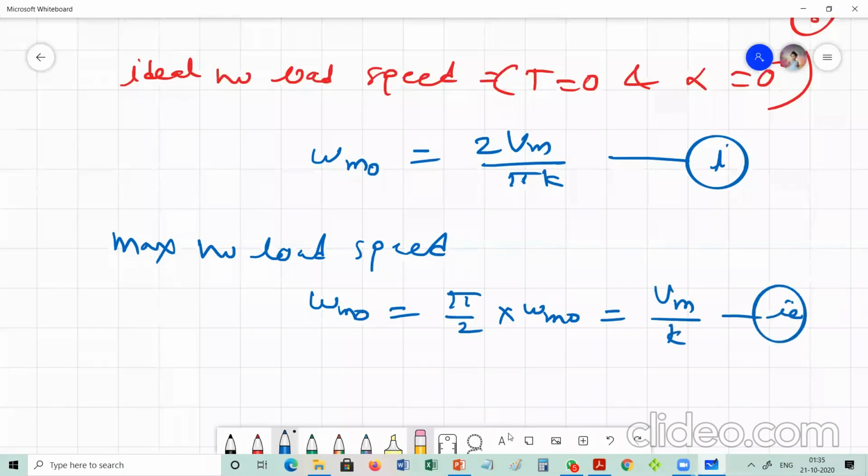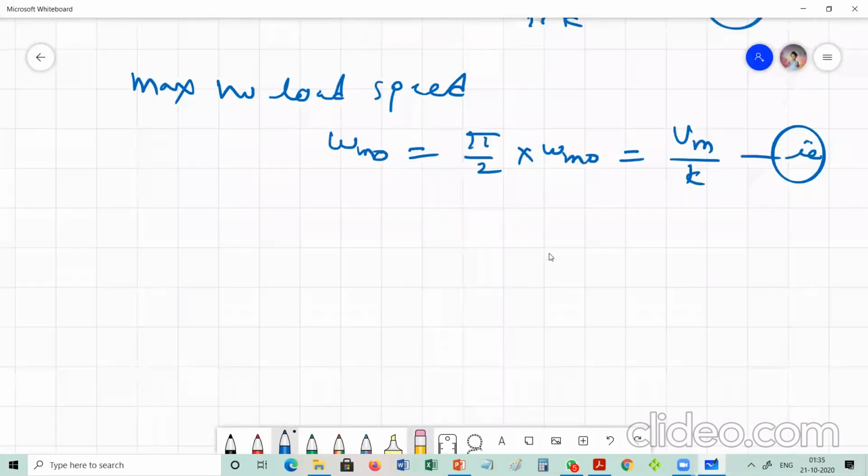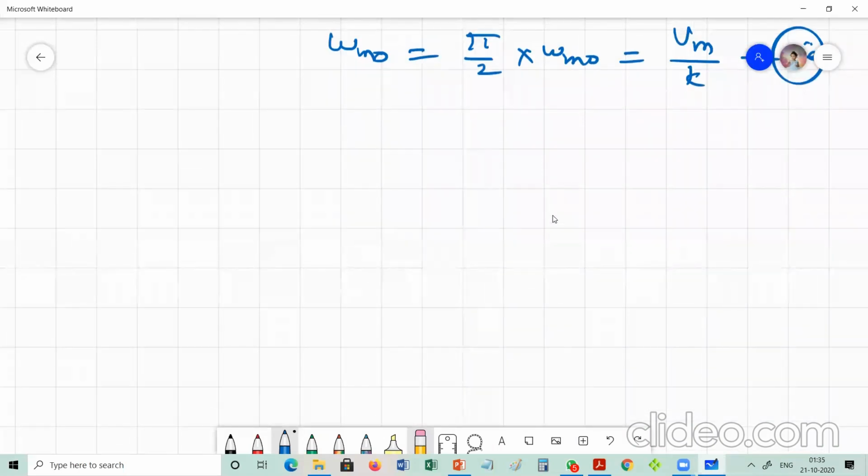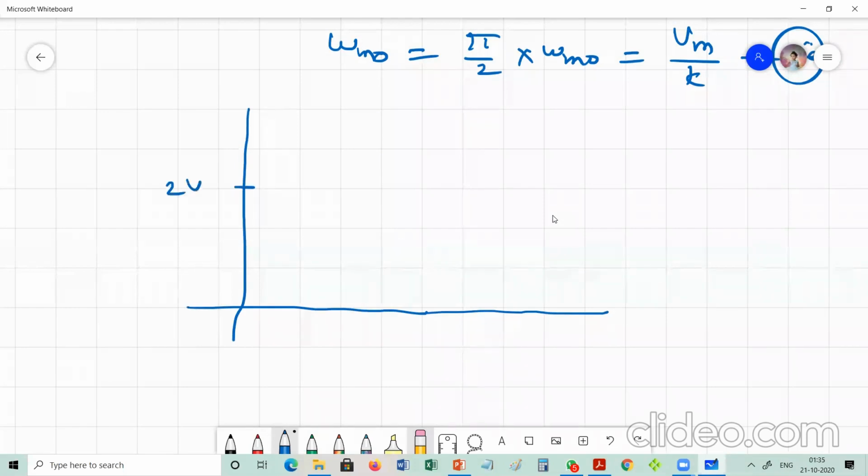These are the points on the speed torque axis, so we can draw the speed torque characteristic like this. Suppose this is the point 2 Vm by pi k, and this is Vm by k.